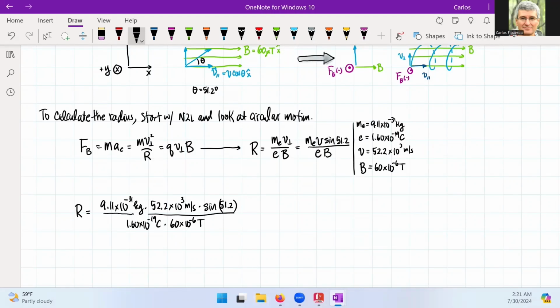And so if I compute this number, assuming I did not make any errors in my calculations, I get 3.80 times 10 to the minus 3 meters. A more convenient unit might be millimeters. So you can see here that this is a tiny radius, and that's what we end up with right here.